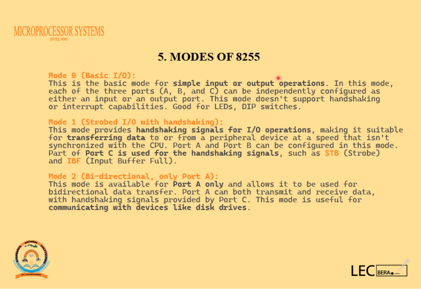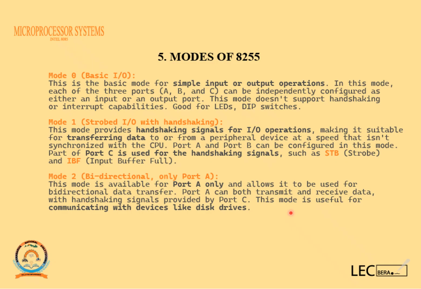Can you imagine we can interface simple things like LEDs and switches to complex devices like disk drives? And you can program it to do either one. And as you go down, you reduce the number of ports because you need port C for the control of data transfer or handshaking.